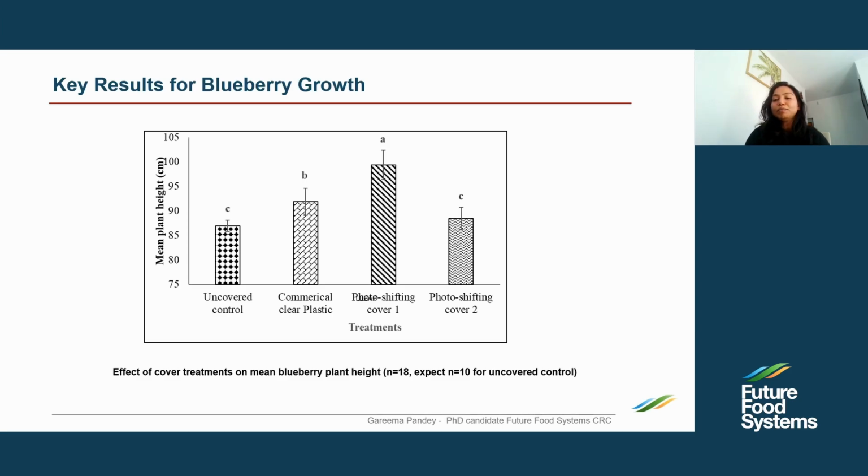So overall, in terms of growth parameters, the study concluded that the 620 L-leaf film, which was getting more of the red wavelength light, enhanced vegetative growth under red shifted light conditions. In theory, red light is also known to promote photosynthesis and carbohydrate production, and likely that is the reason the photoselective cover 620 facilitated growth responses.